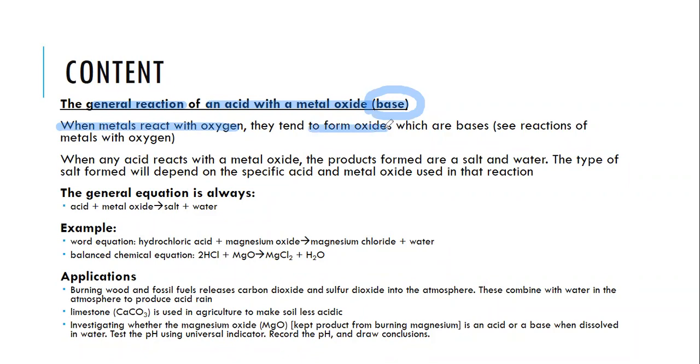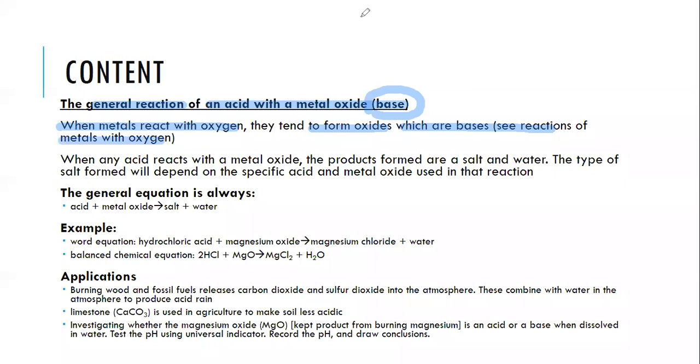Oxides means a compound or molecule composed of a metal and oxygen, like Na2O, CaO, calcium oxide, sodium oxide, or iron oxide, Fe2O3, which are bases. See the reactions of metals with oxygen. That's what we discussed before. I just revised it for you.